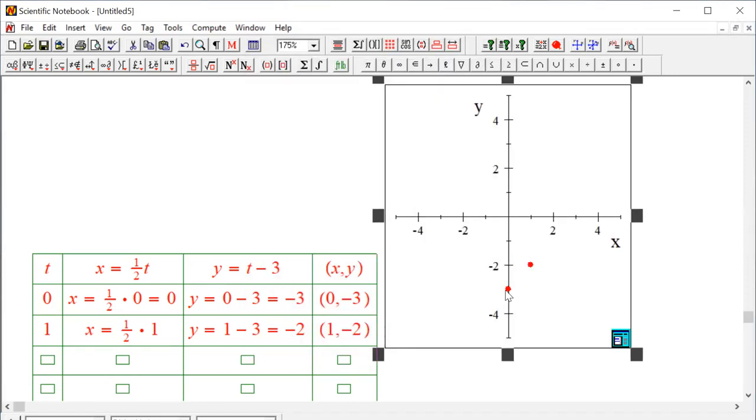And there's a sense of direction. At one moment, the particle is here. At the next moment, the particle moved over here. As t increases, the point is going in a certain direction.